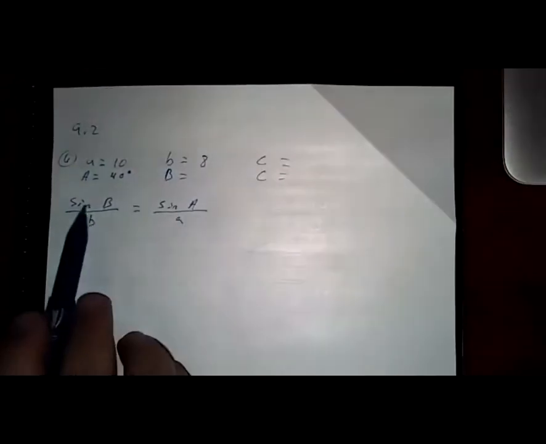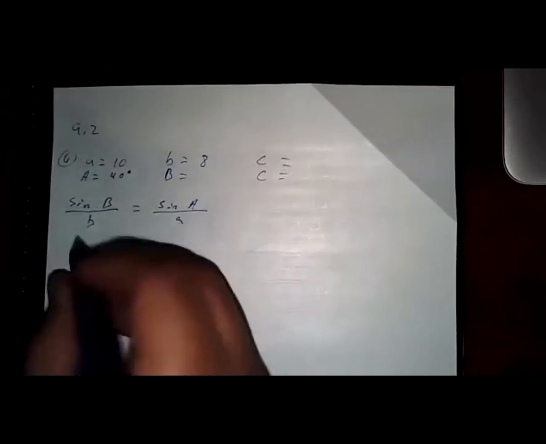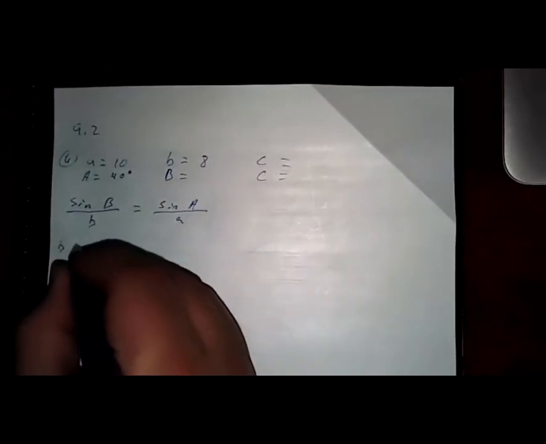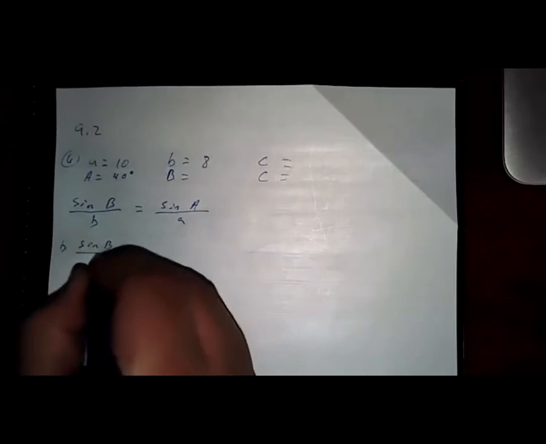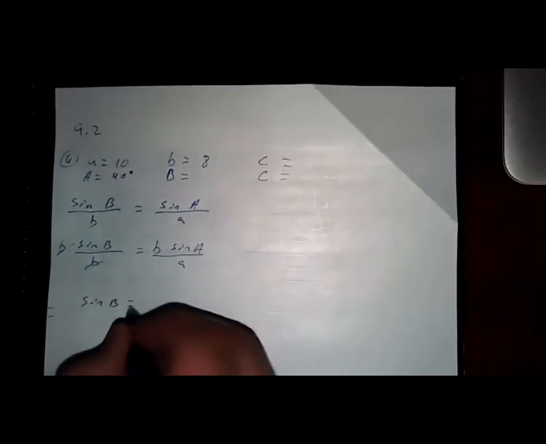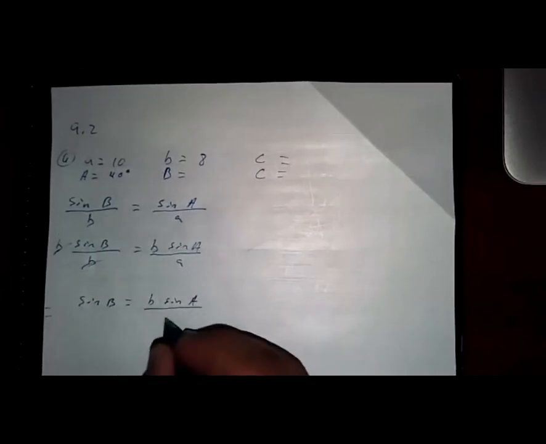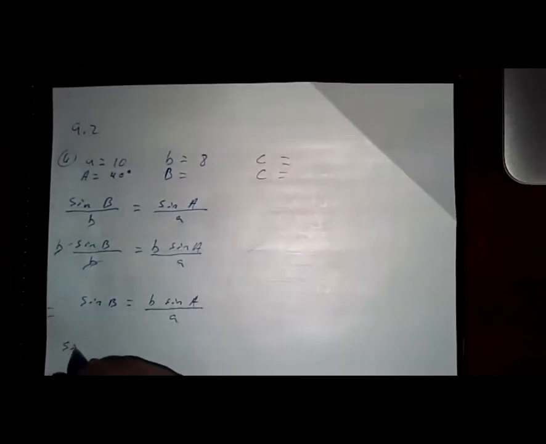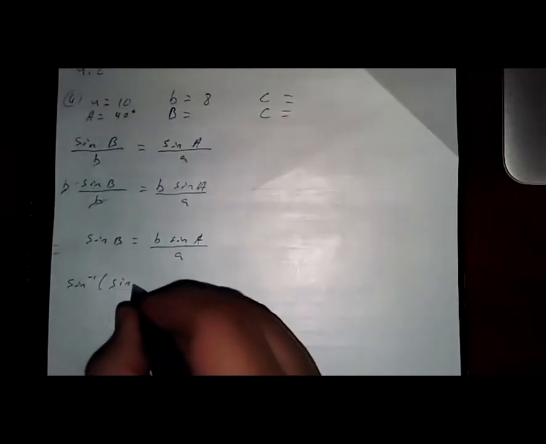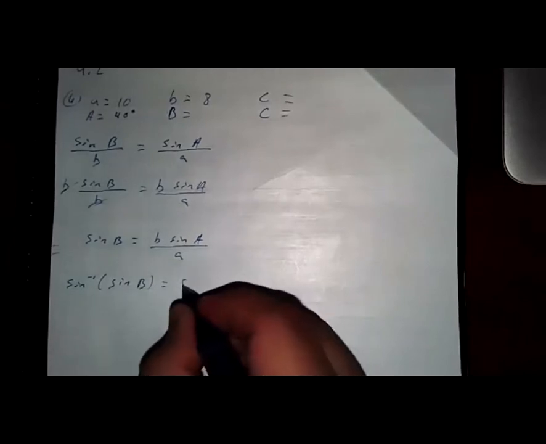So I need to solve for sine B by multiplying both sides by b, which cancels the fraction. Now we have sine B equal to this stuff, which then requires inverse sine of both sides to cancel.